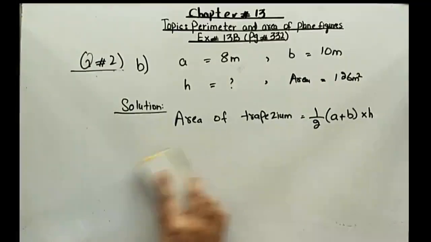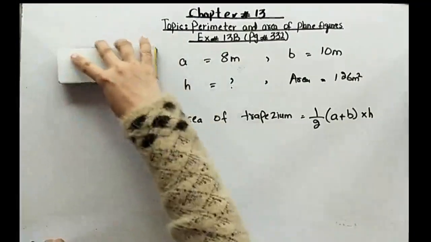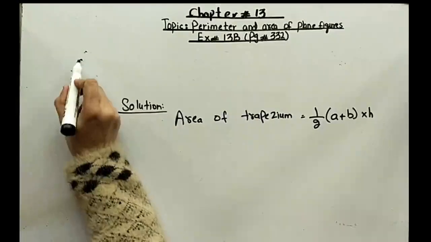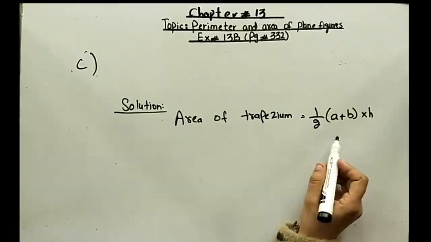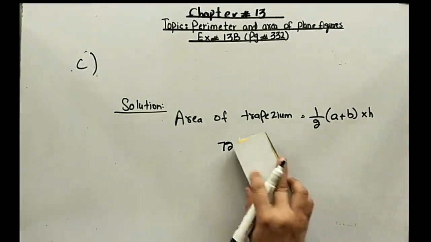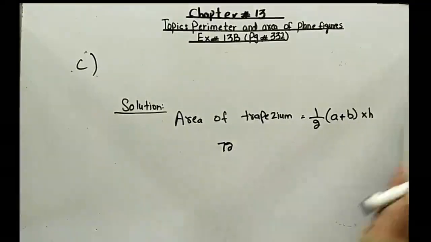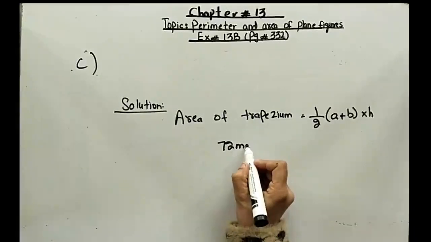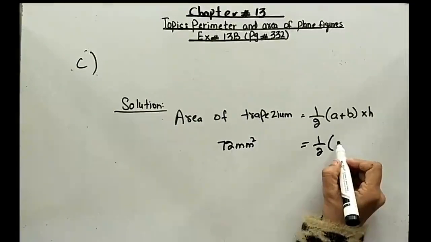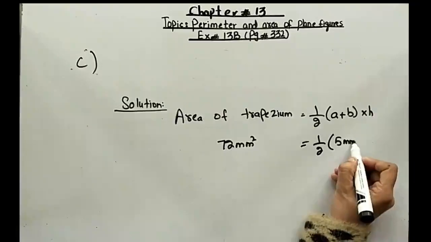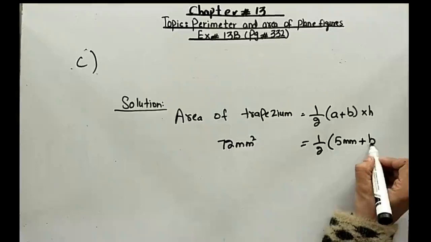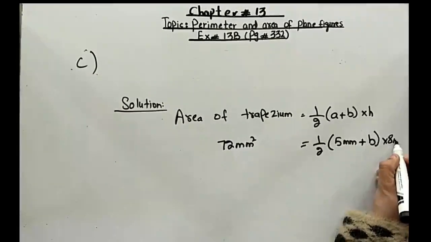in the C part, first you will write the formula and then put the value of the area here, 72 millimeter square, is equal to 1 by 2, A is equal to 5 millimeter, plus B is missing, then multiply 8 millimeter.